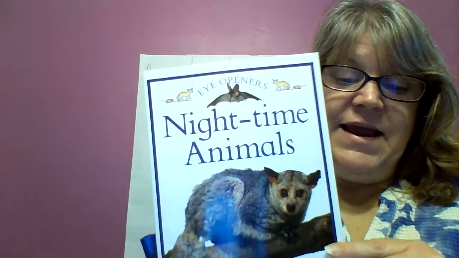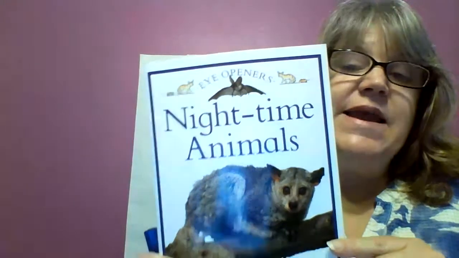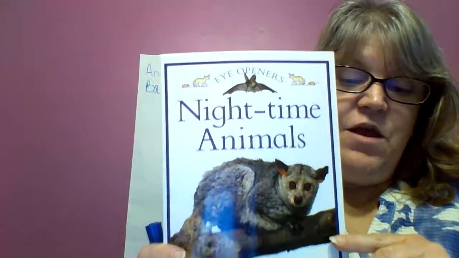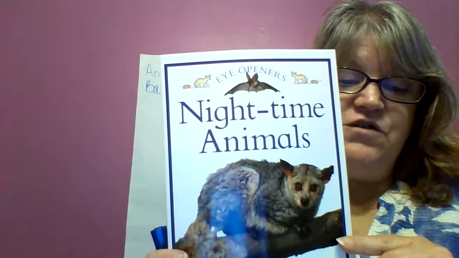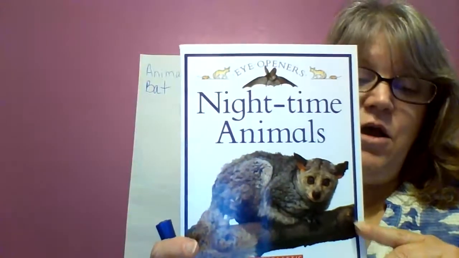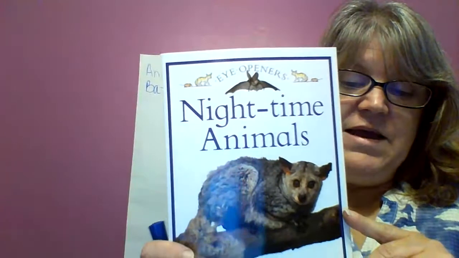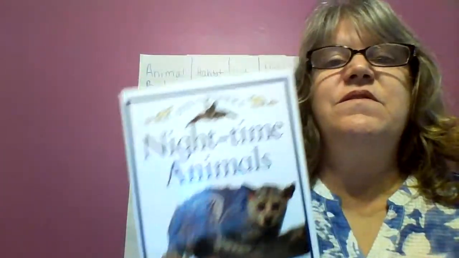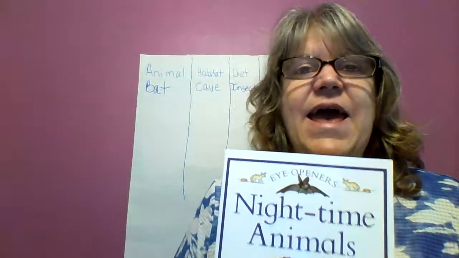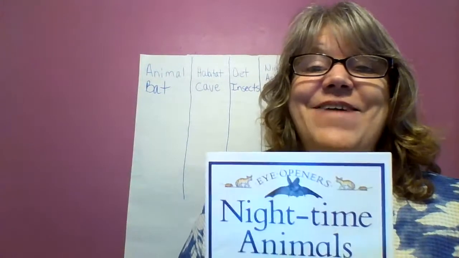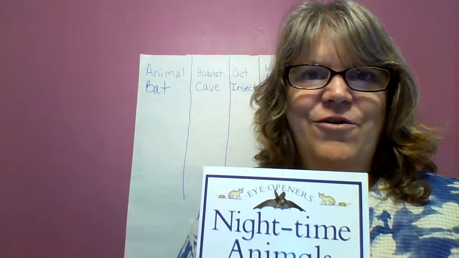Remember, we're using text features, identifying and using text features. We've been learning a lot about text features and how they help us understand our topic. Today, we're going to be using a specific text feature, and that is a heading. I know you guys remember what the heading is from earlier in the year.